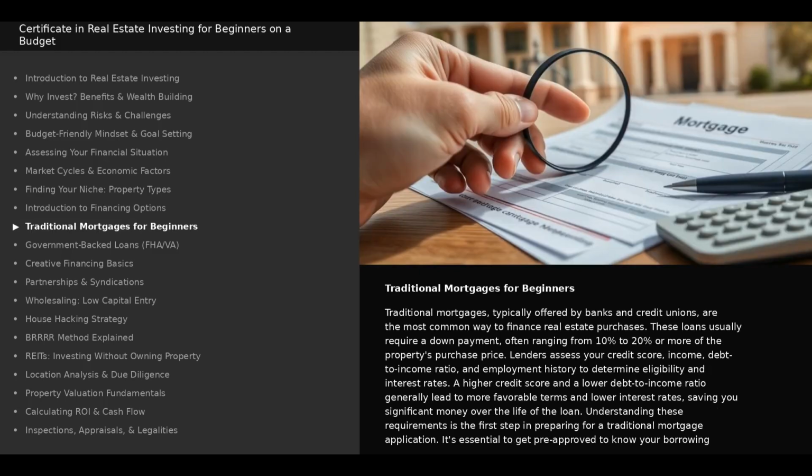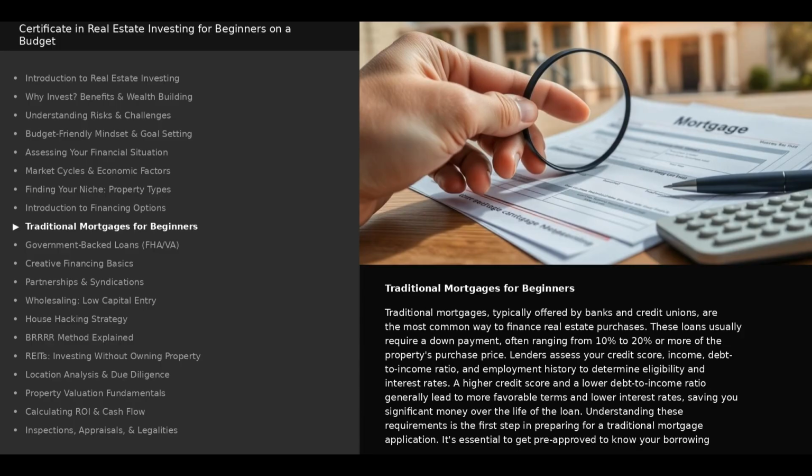Traditional mortgages for beginners. Traditional mortgages, typically offered by banks and credit unions, are the most common way to finance real estate purchases. These loans usually require a down payment, often ranging from 10% to 20% or more of the property's purchase price.